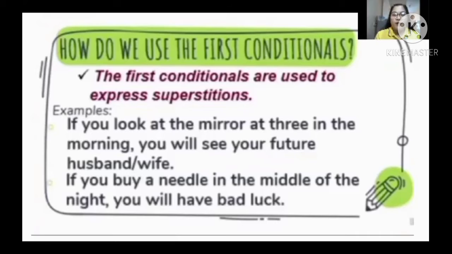So the if clause in the simple present is look at the mirror, then simple future will see. If you buy a needle in the middle of the night, you will have bad luck. The if clause in the simple present is buy a needle, where buy is the verb, and then in the main clause, simple future will have bad luck.